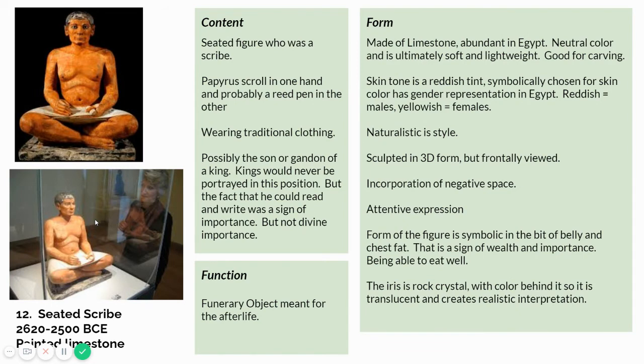So a little bit of the fat in the pecs and in the belly was a sign that he probably was appointed to the king, was a part of the kingdom, was an attendant that was taken very well care of. And we can see that because he definitely was able to eat quite well.